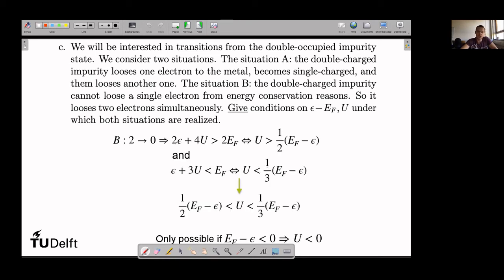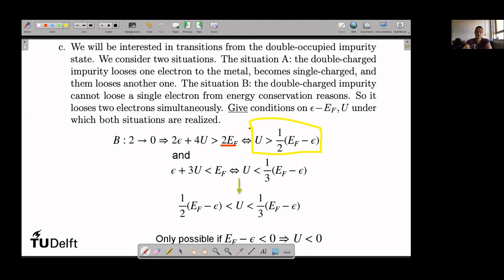Then situation B. So what we have here is going from 2 electrons immediately to 0 electrons at the impurity. In order to go from 2 electrons at the impurity to 2 electrons that are close to the Fermi level, what we need to assume is that the energy of 2 electrons at the impurity level is bigger than 2 times the energy of the Fermi level. And this will give us the first condition on the interaction energy from this.